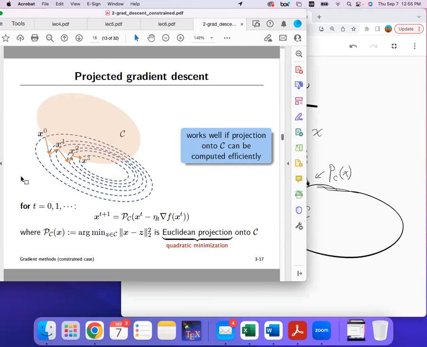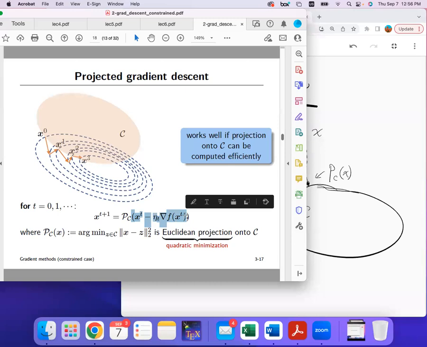And you can see to implement this algorithm, first of all, we haven't talked about the convergence guarantee of this algorithm. But to implement this algorithm, we need to implement the gradient descent step, that is inside this big parenthesis.